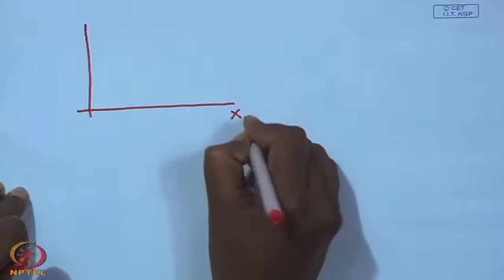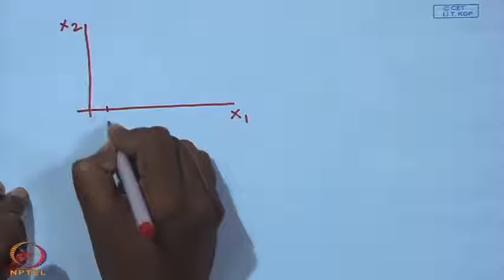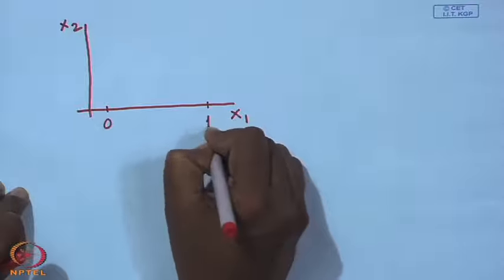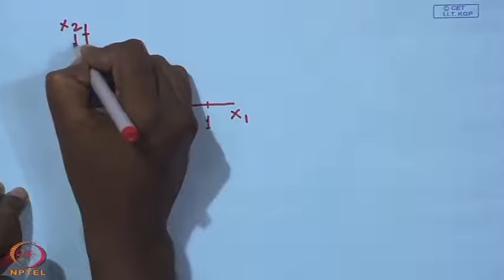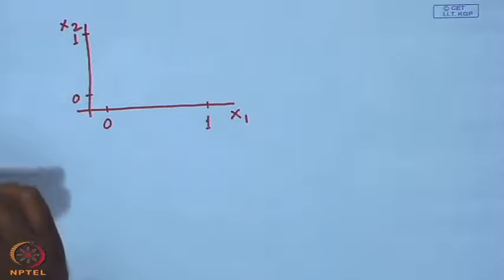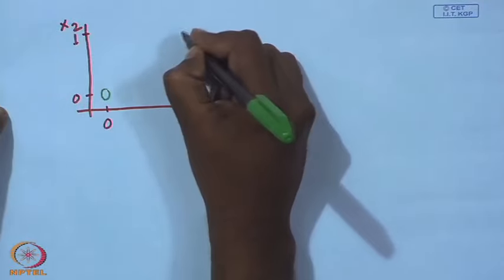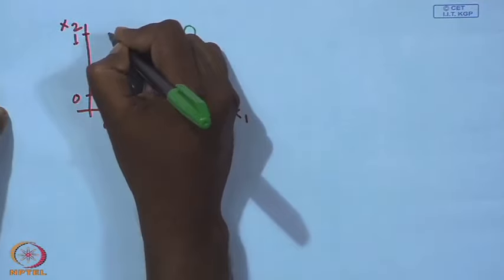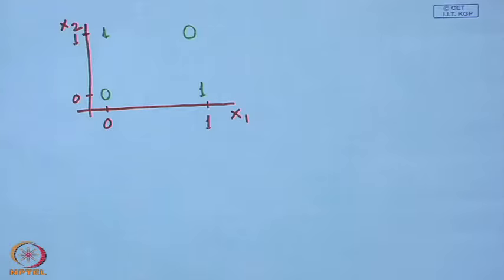So, I have this x 1, x 2, here I have 0, here I have 1, again 0, here it is 1, I have 0 over here. So, these are the outputs of an XOR function.